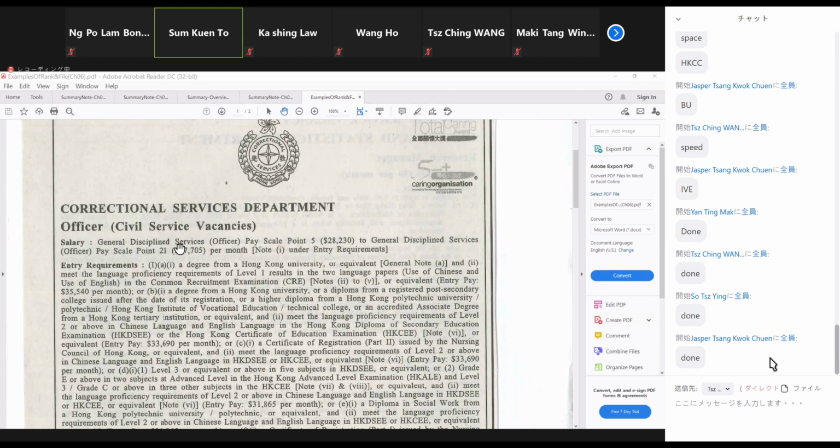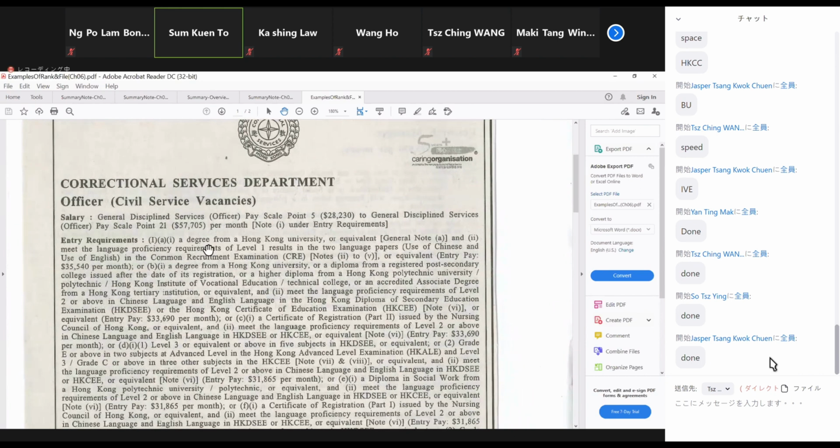So when you are a degree holder, you can apply for officer. Of course, the starting salary is higher than the junior staff, all right? And then you are officer grade, so-called 中層管理層 management grade, which requires the basic qualification of a degree.